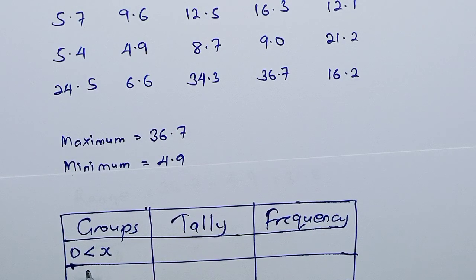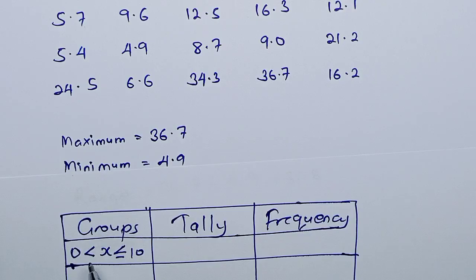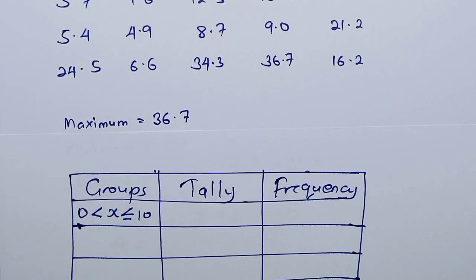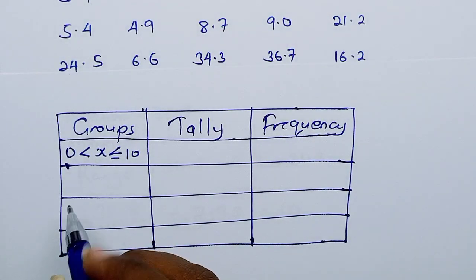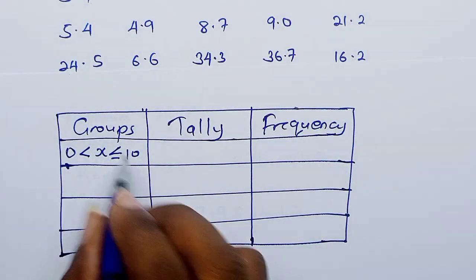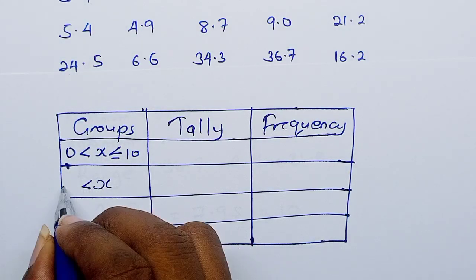So it should be greater than 0 but less than or equal to 10. That means our first value is 1. You count 1 to 10, which gives us 10. What do you think the next group will be? In the next group, x is greater than 10.